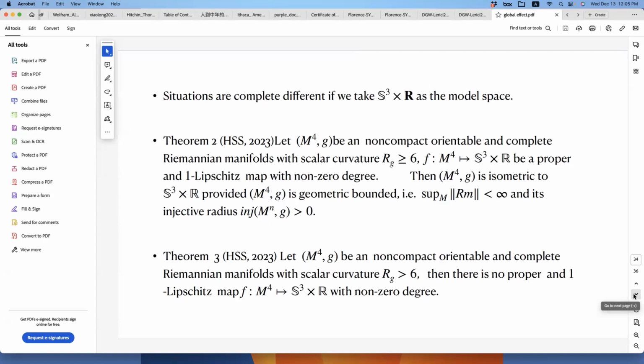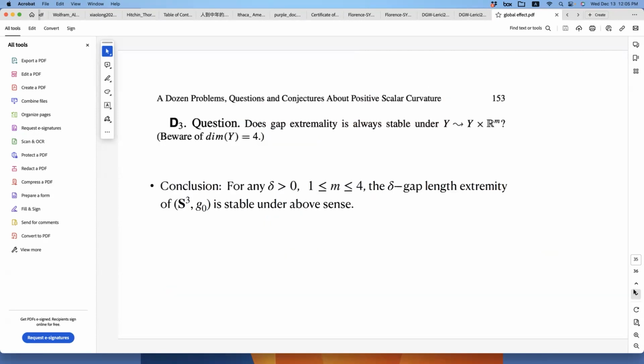Okay, now combining all those things together, what we prove gives a partial answer to Question D due to Professor Gromov. That is, for any positive delta, the delta-gap extremality of the 3-dimensional sphere is stable under taking Riemannian products with Euclidean space. Okay, this is what we did.